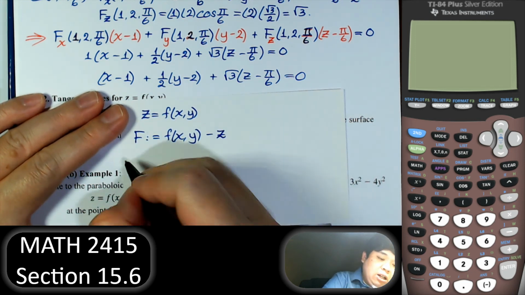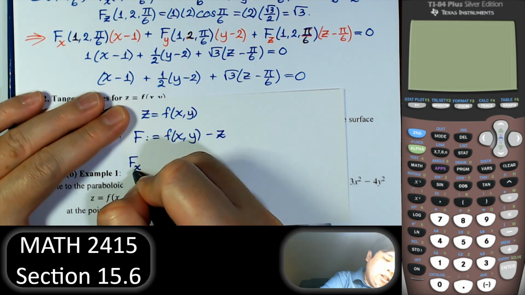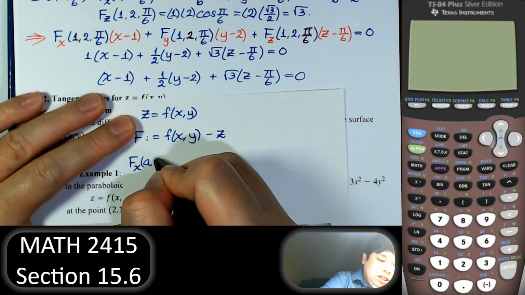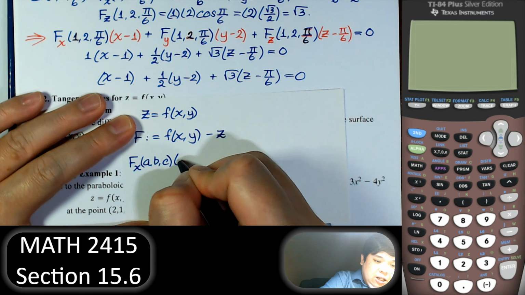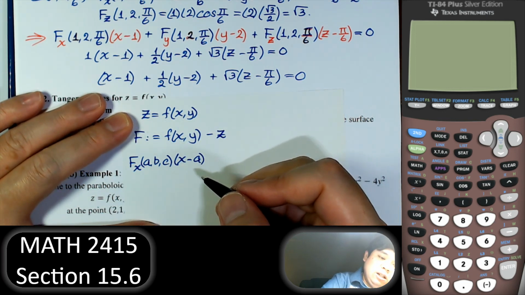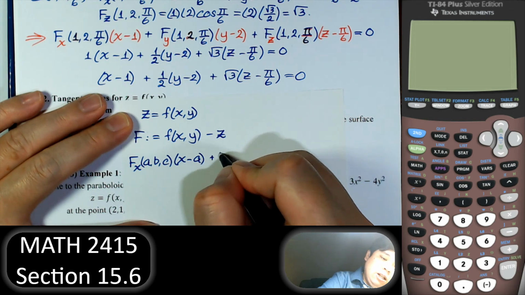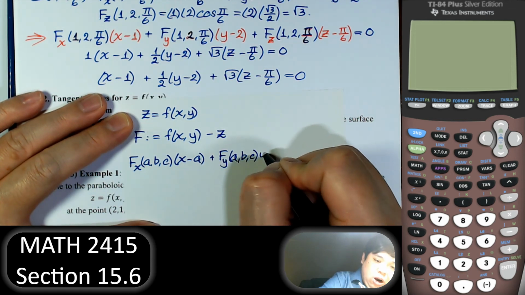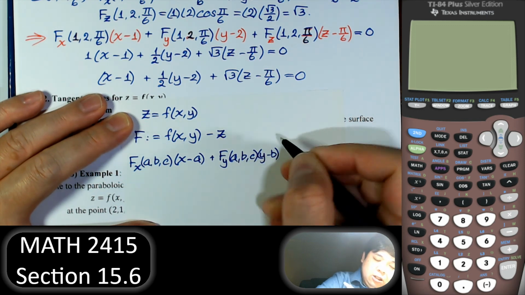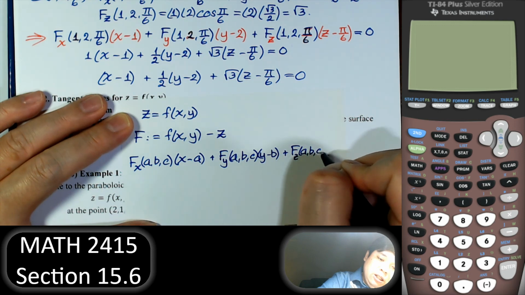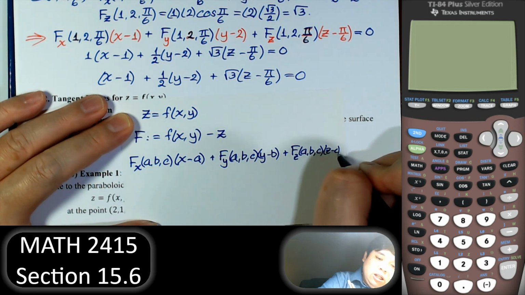And then we will write partial derivative with respect to x at the point, let's say (a, b, c), times x minus a, plus with respect to y at (a, b, c), y minus b, and with respect to z at (a, b, c), z minus c equal to 0.